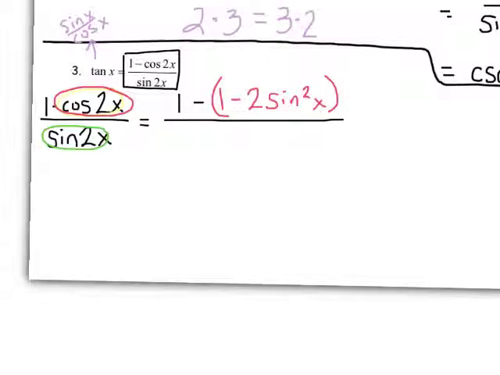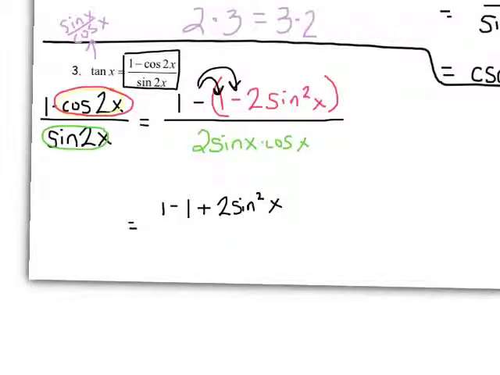All right, and then sine of 2x, you only have the one option of 2 sine x cosine x. All right, so now I am going to go ahead and do that distribution. So I'm left with 1 minus 1 plus 2 sine squared x. So that was just me distributing into both things. And then 2 sine x cosine x.